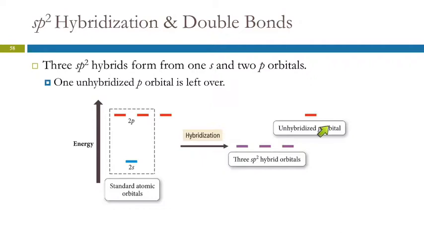The price here, the amount of energy here is the same, but these guys are going to be between. So now we have these 3 orbitals. They're called sp2 because it's an s orbital and 2 p orbitals.